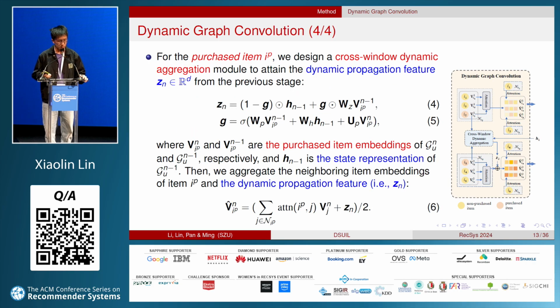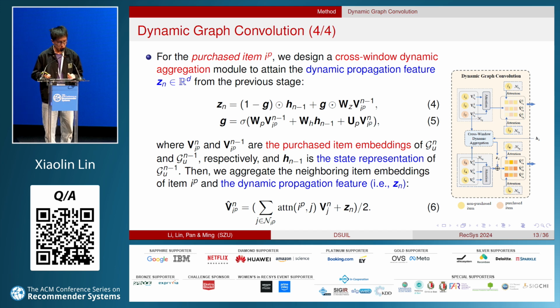For the purchase item, we design a cross-window dynamic aggregation module. This module leverages the purchase item embedding of the current subgraph, the purchase item embedding of the last subgraph, and the stage representation of the last subgraph to capture the feature from the last stage.